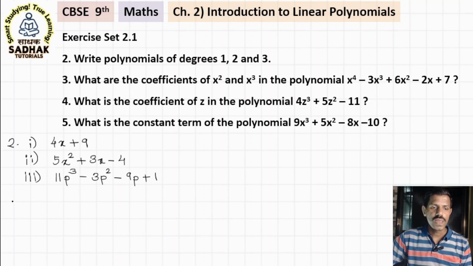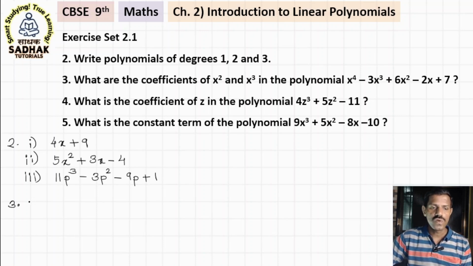Now question number 3. What are the coefficients of x square and x cube in the polynomial x raised to 4 minus 3x raised to 3 plus 6x raised to 2 minus 2x plus 7? Here we can see there is a polynomial having 5 different terms. We have to write the coefficients of the term having x square and the term having x cube.